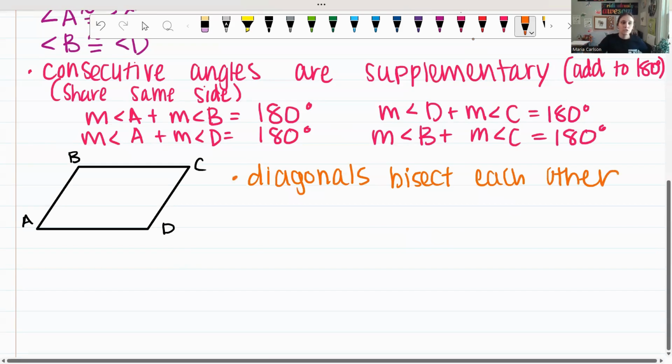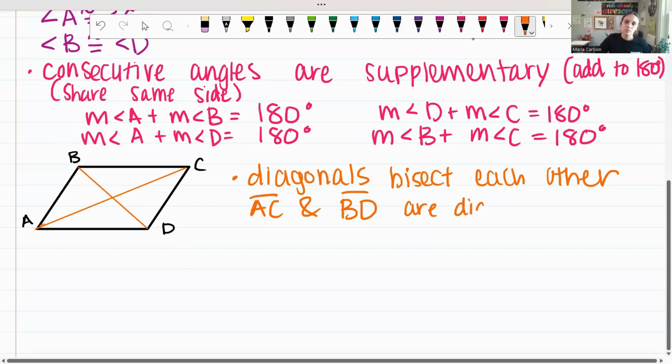The diagonals go across our shape between opposite vertices. So AC and BD are the diagonals. So they bisect each other.